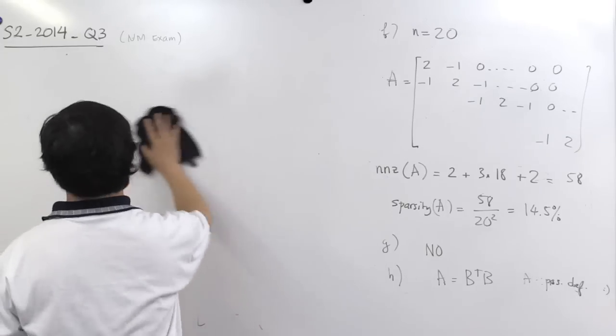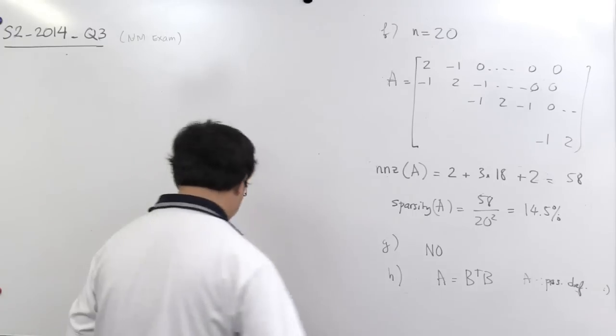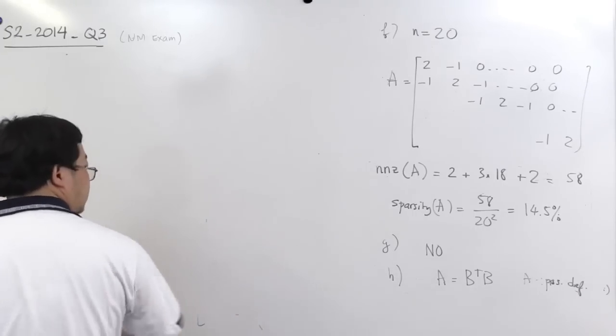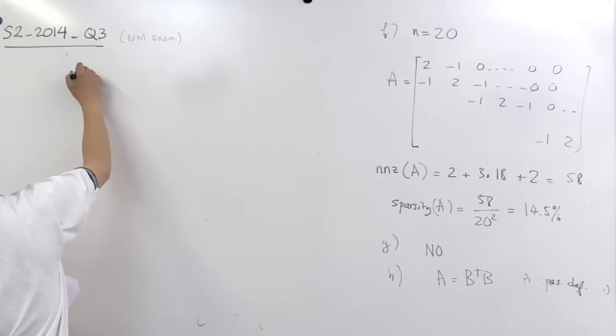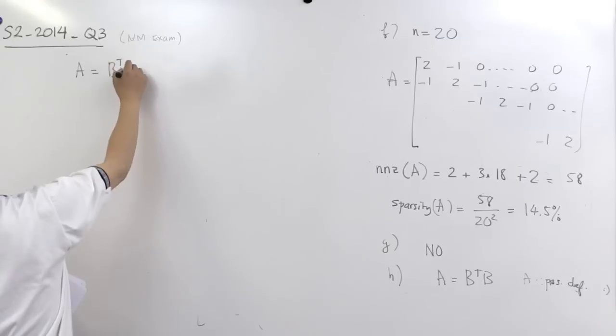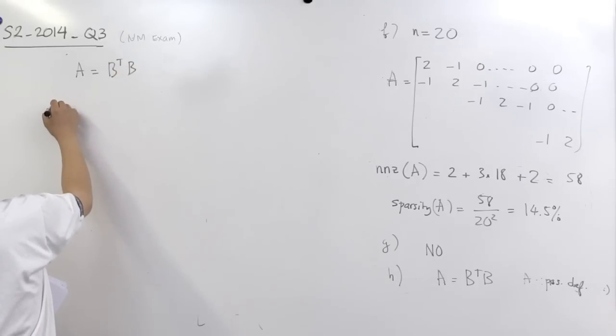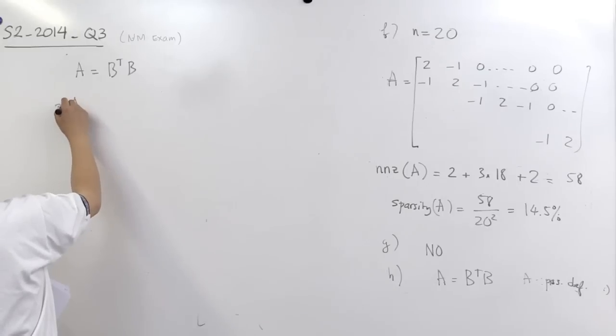This question we've seen in the past midterm exam already, but I just want to repeat. Suppose A is B transpose B. Then to prove A is positive definite, you just take the definition.